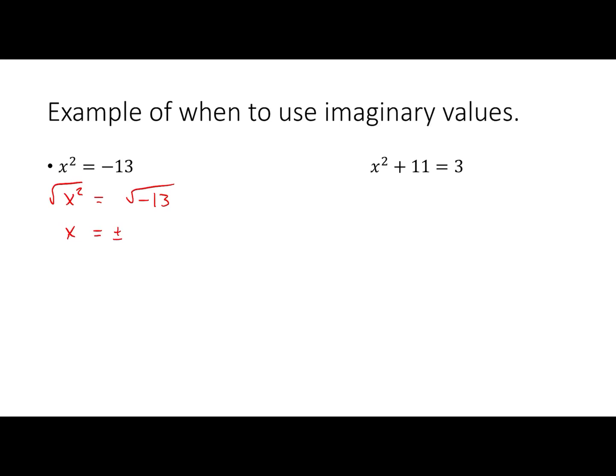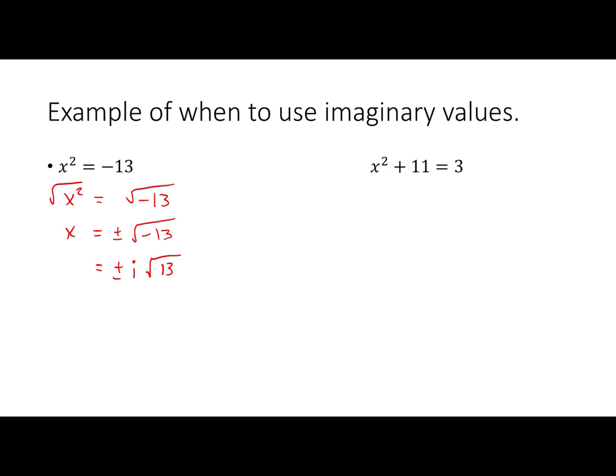But we're going to have both a positive and a negative version of our answer on the right hand side. For now, I'm just going to leave it as the square root of negative 13. Now we have a negative number on the inside. We do not want that. We want to write it down as an imaginary number in this case. So we'll take plus and minus. We're going to remove the negative from the inside and write down an i in the front instead.